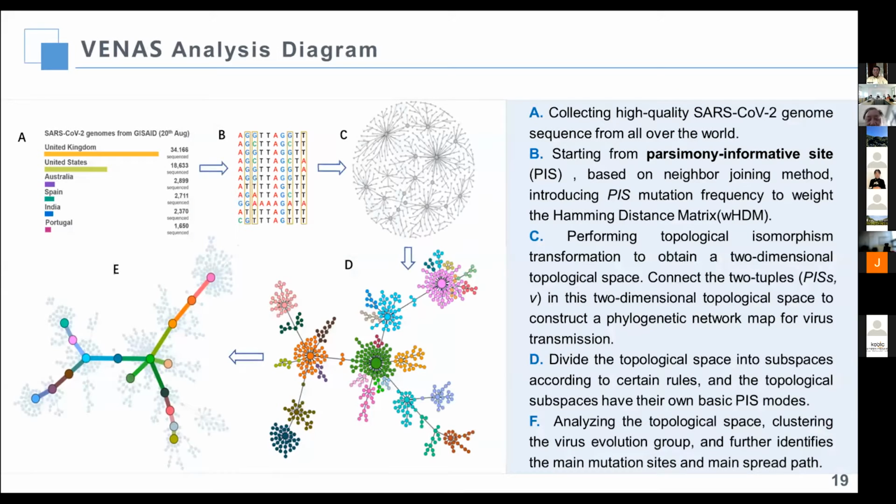And here is a step-by-step. We perform our algorithm. At first, we collect the high quality SARS-CoV-2 genome sequencing data from all over the world.